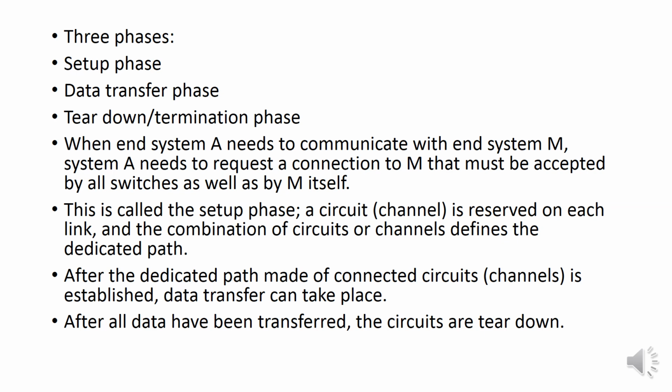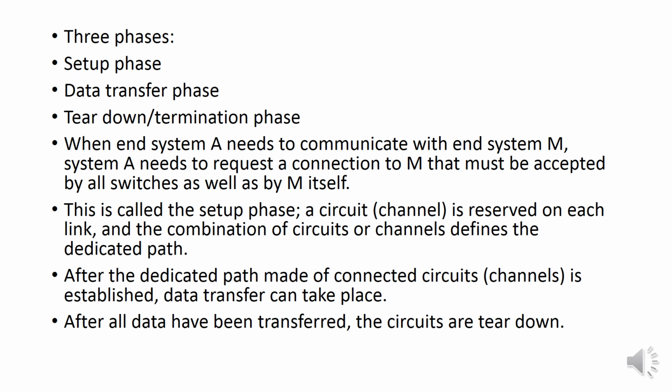When end system A needs to communicate with end system M, system A needs to request a connection to M that must be accepted by all the switches as well as by M itself. That is the connection setup phase, the first phase.